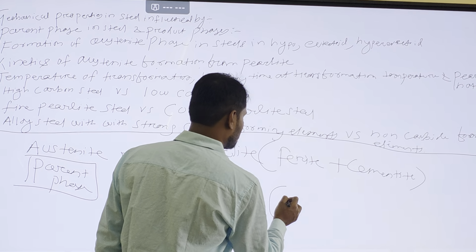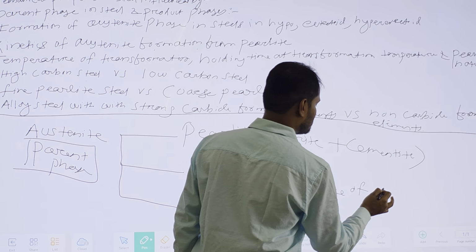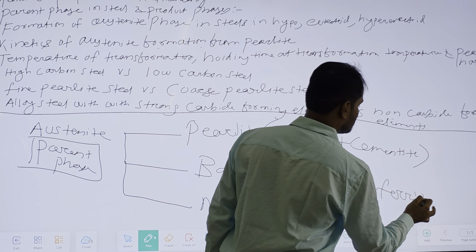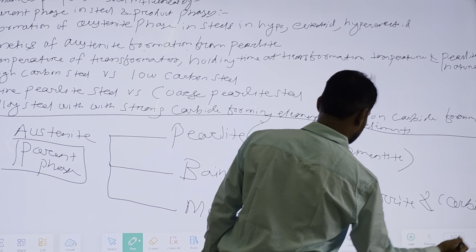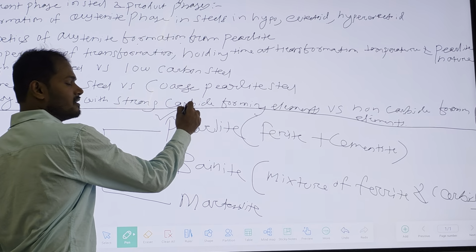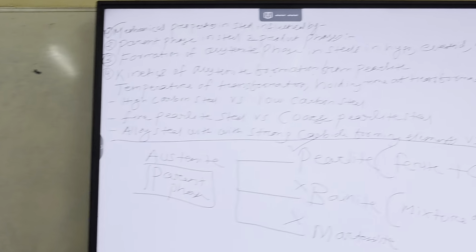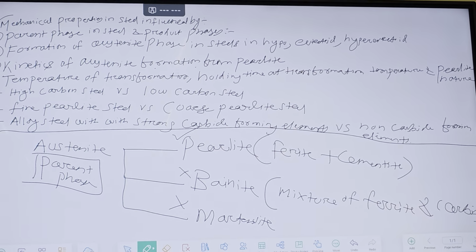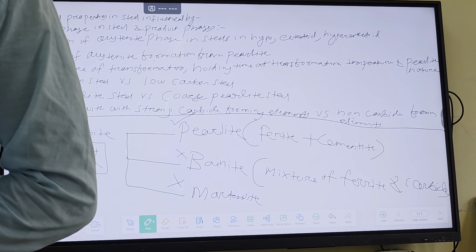This is also a mixture of ferrite and carbide. This is the equilibrium phase and these are the non-equilibrium phases. Non-equilibrium phases are always harder and stronger, always. And they do not appear in the iron carbon phase diagram.